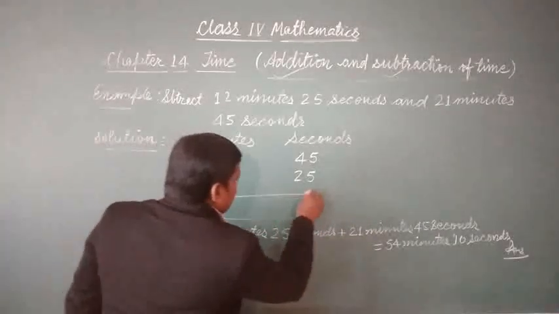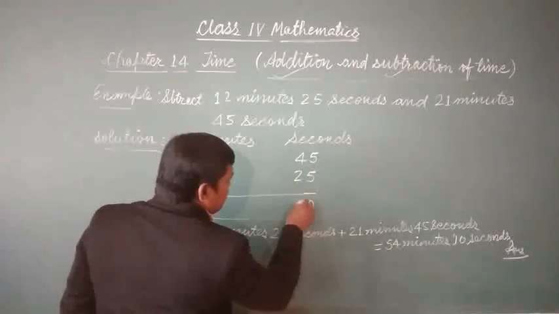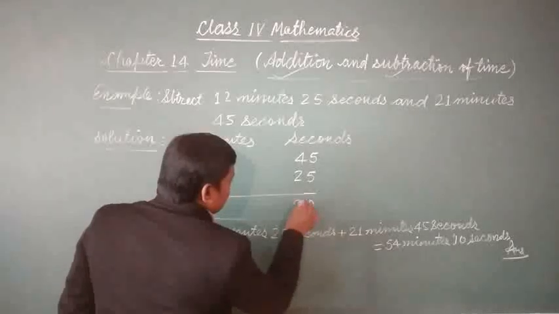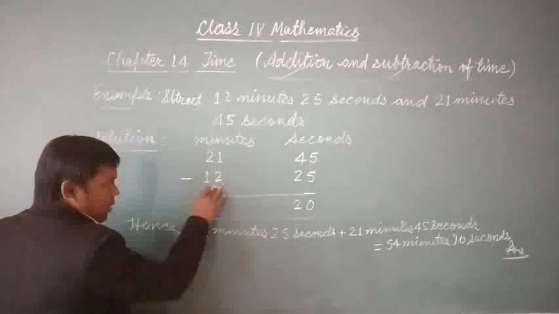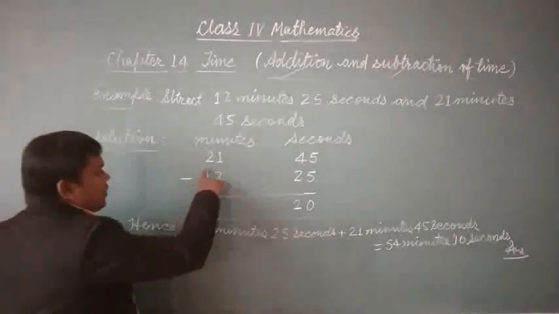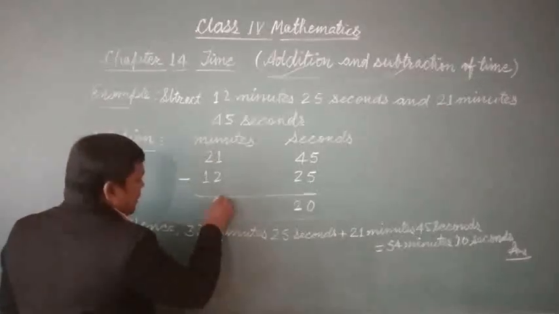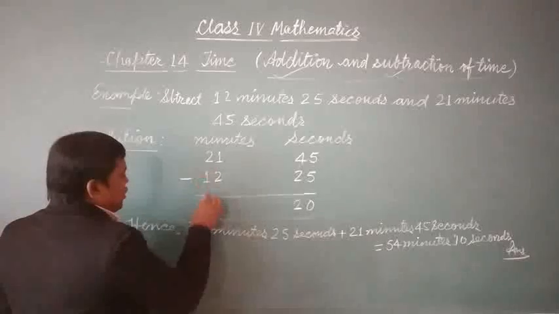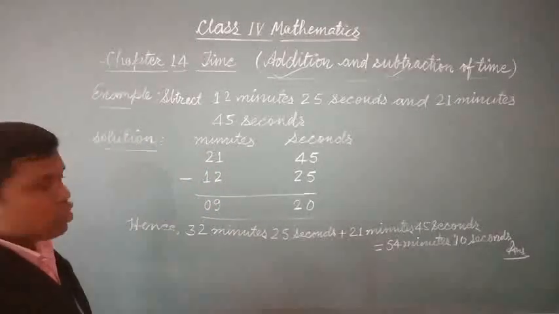Now 5 minus 5, 0, and 4 minus 2, 2. Here from 1 we are not able to subtract 2. So we borrow 1. So it will become 11 minus 2, 9, and 1 minus 1, 0. So it is 9 minutes 20 seconds.